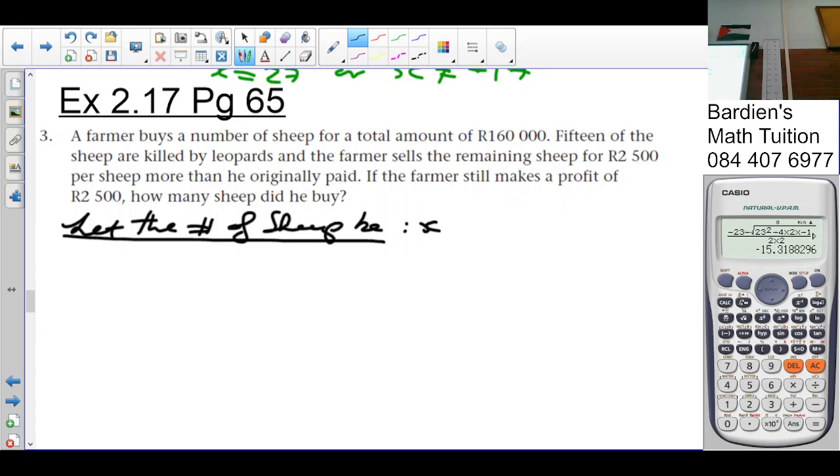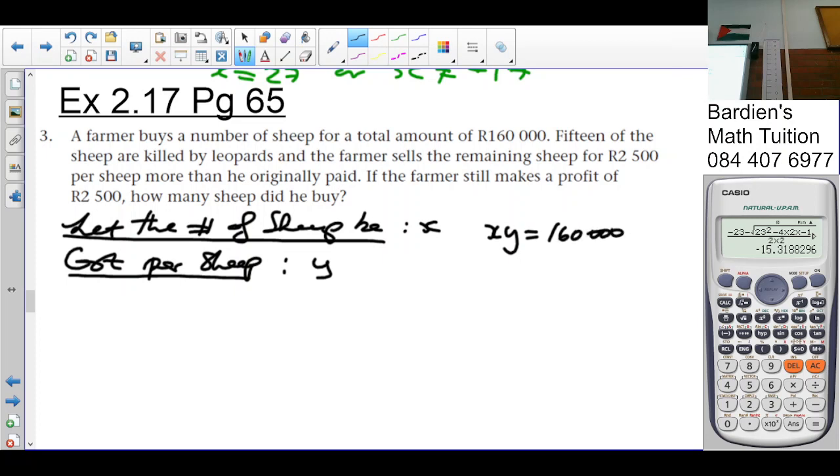Then cost per sheep, we let that equal y. Can we set up the first equation? So what will the first equation be? X times y is equal to 160,000. Let's make y the subject of the formula. So it's 160,000 over x.